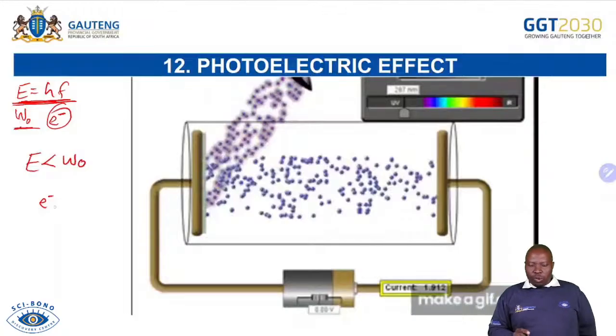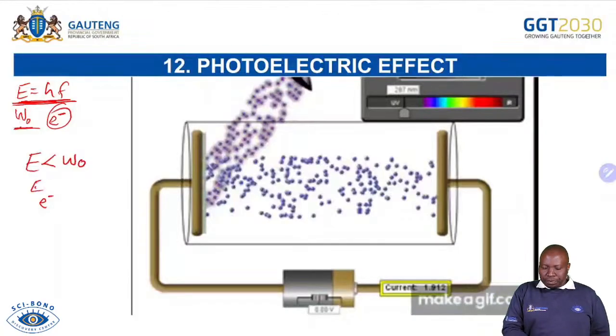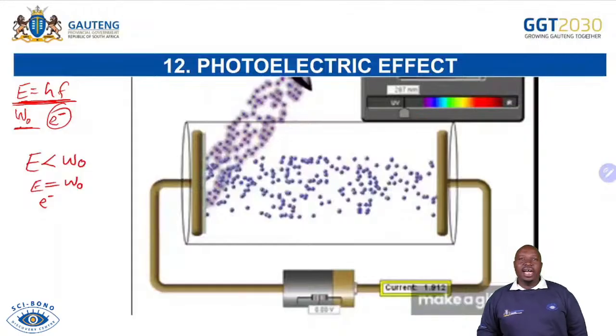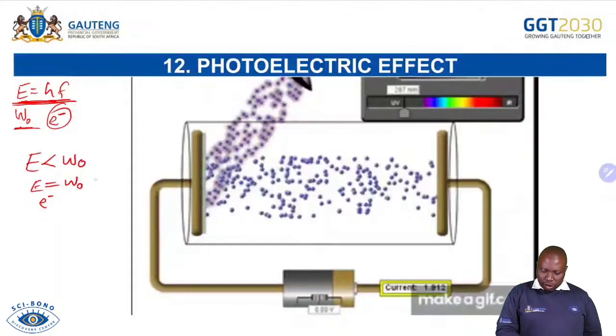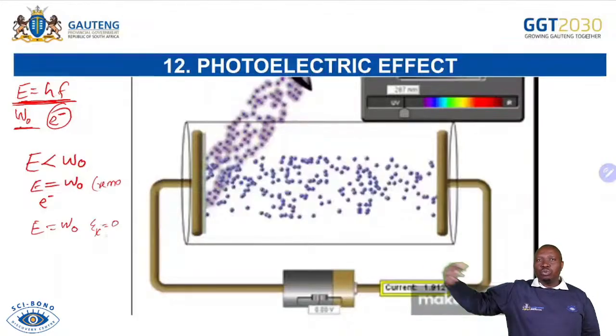But immediately when the energy of a photon, the tricky one, is equal to W0, the electron will be removed. When the two are equal, electrons will be removed but EK will be equal to 0, which means they will be removed but still localized. They won't be able to move away.